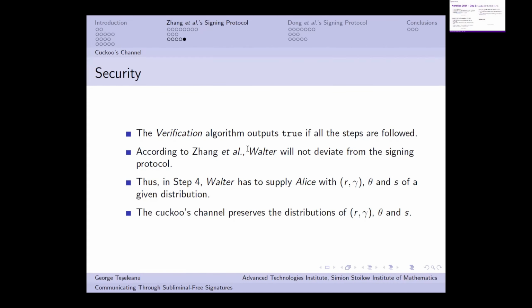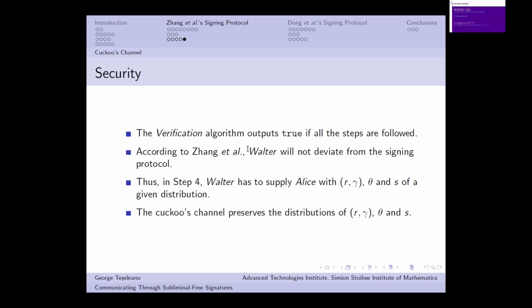So we had to somehow circumvent this, and the method that we found was to have Walter supply Alice with a transcript that has the same distribution as the original transcript. That way, nobody can say that Walter deviated from the signing protocol.